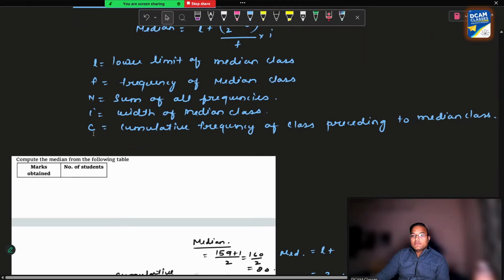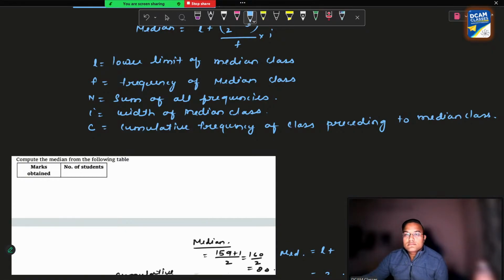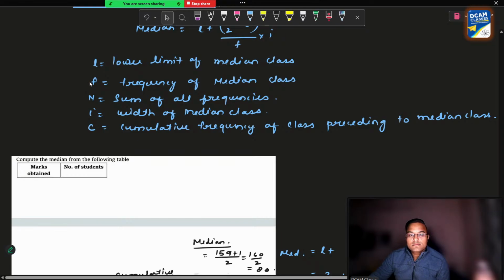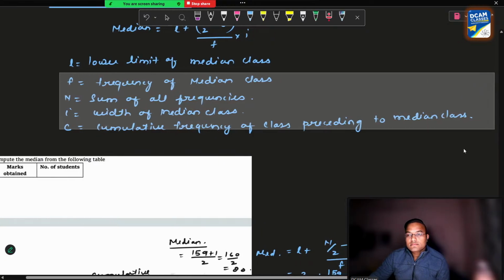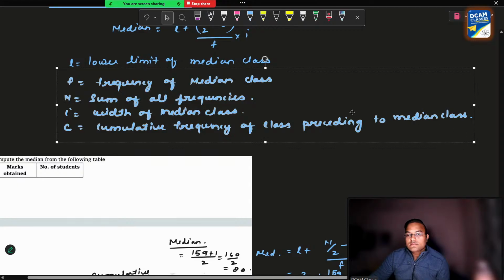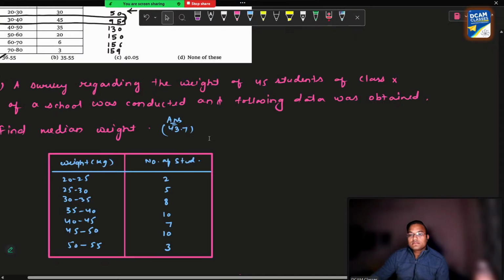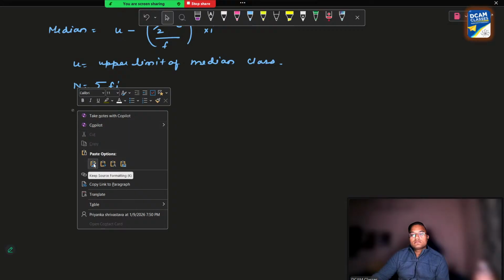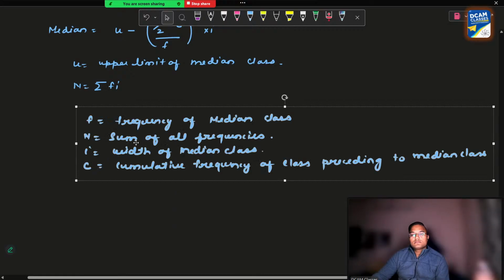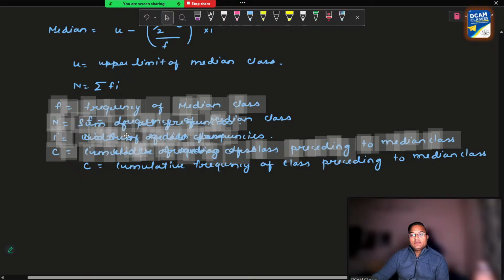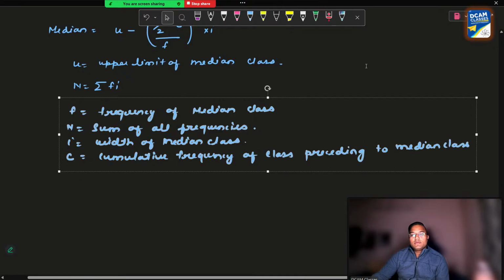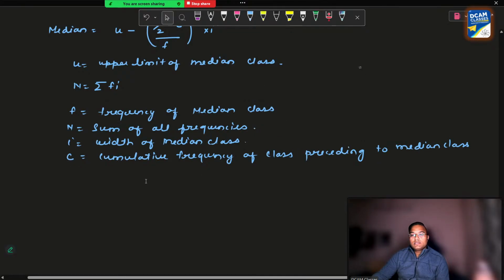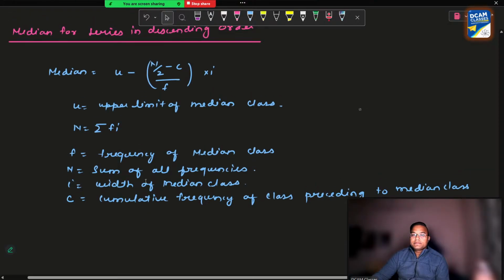These things, frequency, are the same. Frequency, and the sum of all frequencies, i.e. the width of the median class, and the cumulative frequency of the class preceding the median class.